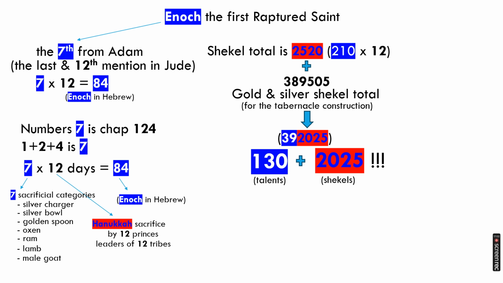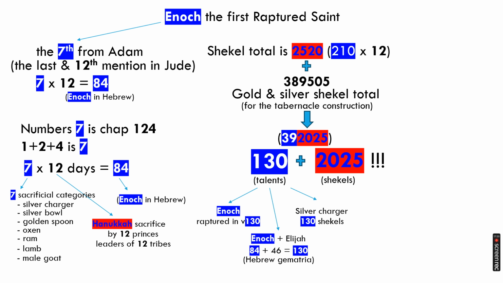The rapture of Enoch is recorded in Genesis 5:24, which is verse 130. Each silver charger weighs 130 shekels. The combined Hebrew gematria of Enoch and Elijah is 130, the only two raptured saints in history.